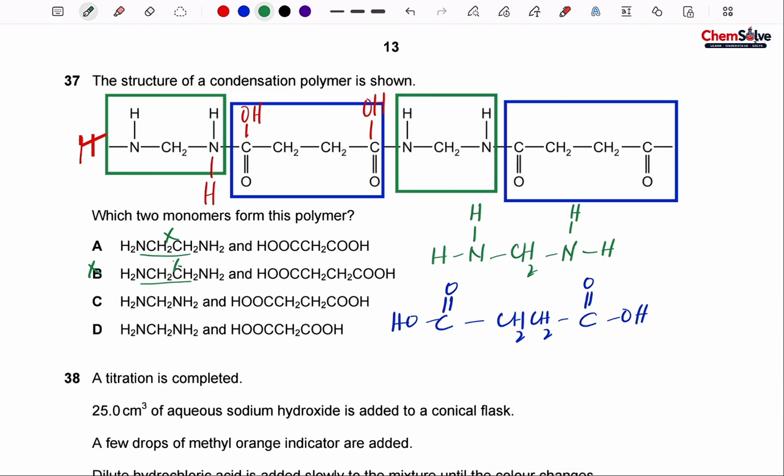Look at the other monomer. C is, I think, the correct one, and in option D there is only 1 carbon, although in our monomer there are 2 carbon. So this is also incorrect. The correct statement for this is statement C.